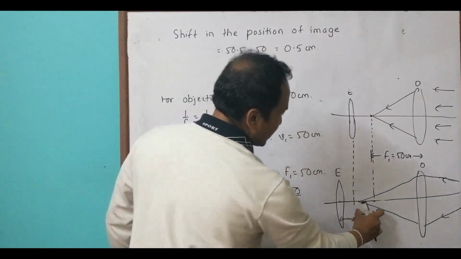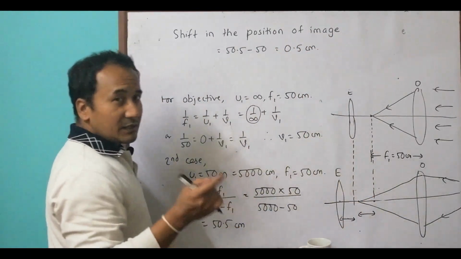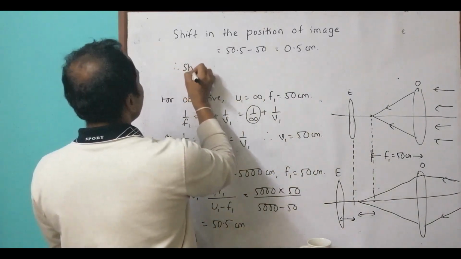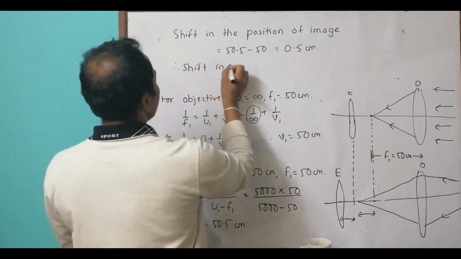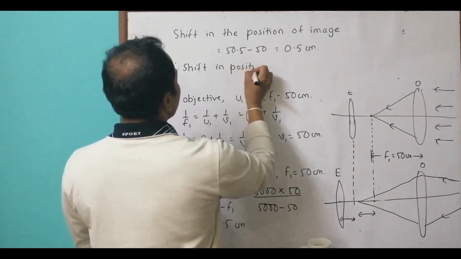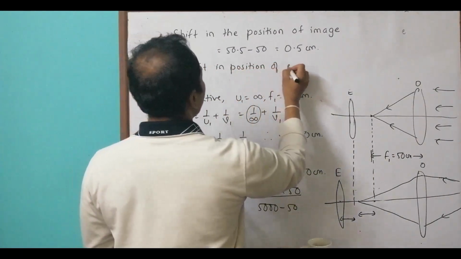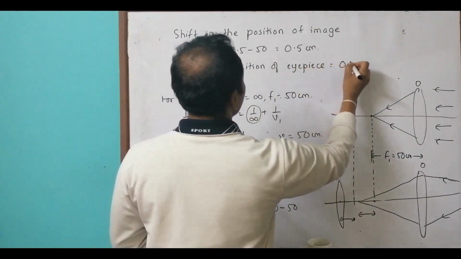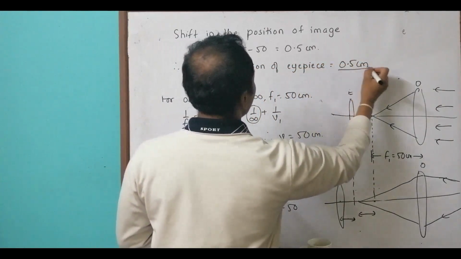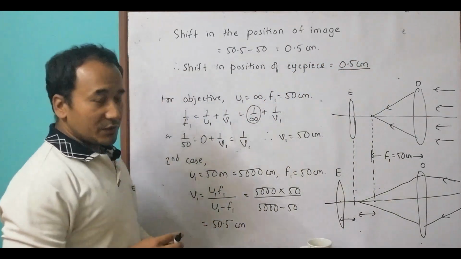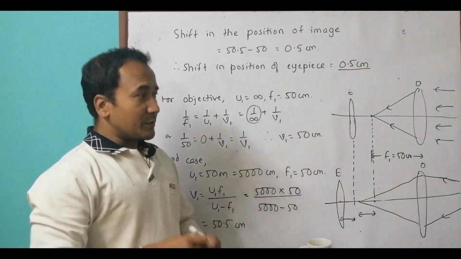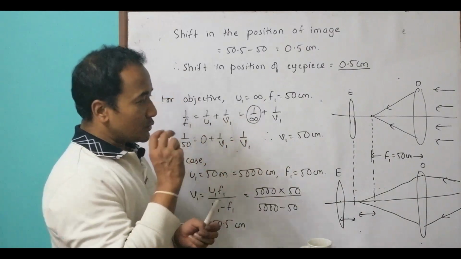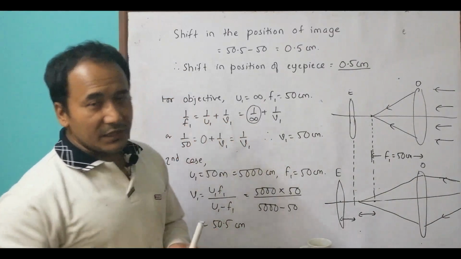This image shifts by 0.5 centimeter, and therefore the shift in the position of the lens, the eyepiece, should also be equal to 0.5 centimeters. So this is the answer for this question. The lens has to be shifted by 0.5 cm towards the eyes, or towards the observer, so as to see the image of that object clearer.